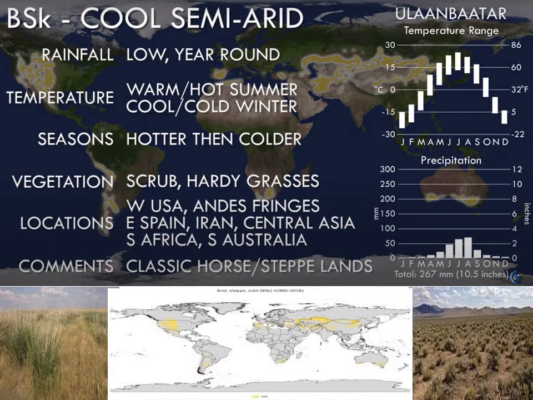But it's hot like semi-arid, but some shrub vegetation and hardy grasses are there, and many of these grasslands are located in these areas. Rainfall is low, as you can see in the figure, very low and with a very small range, but there is rainfall, and temperature keeps on varying, very hot temperature, very cold temperature. You can see the minus temperatures also available.